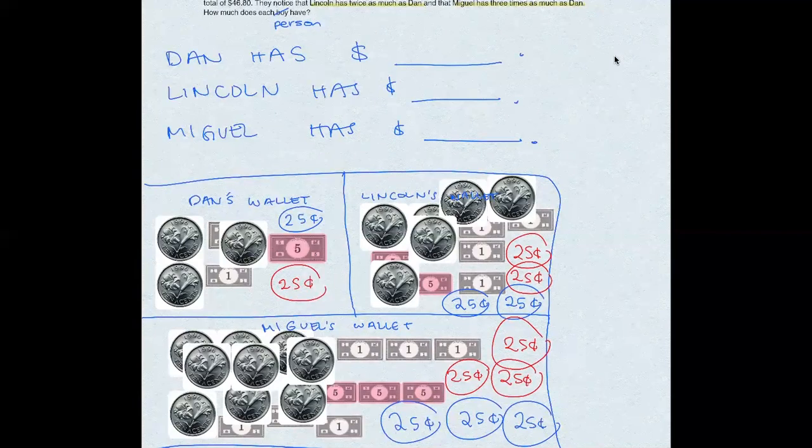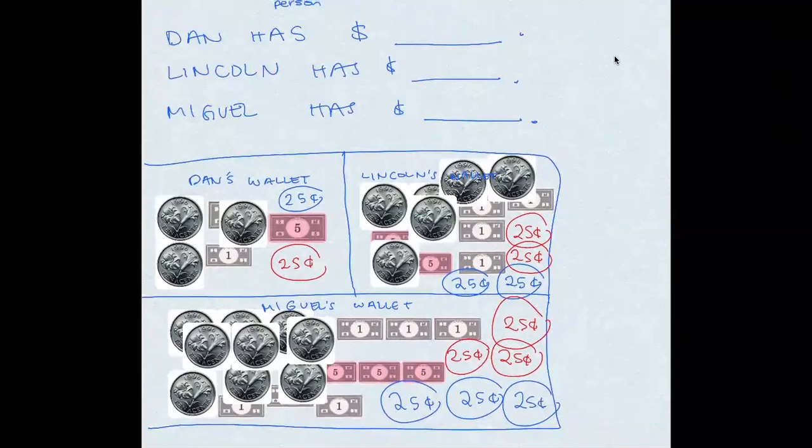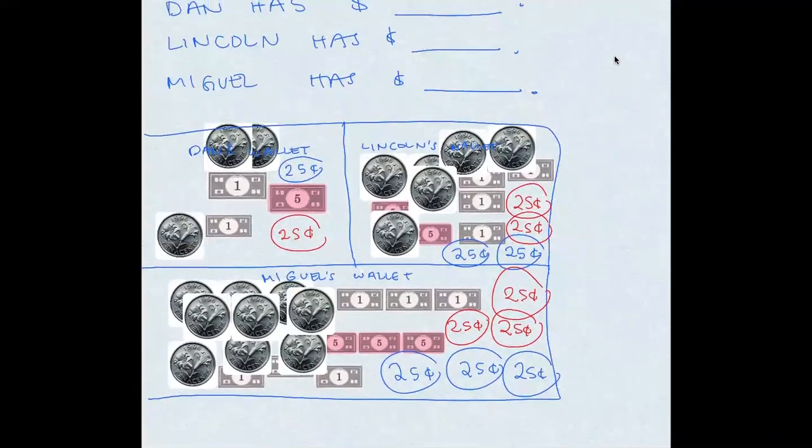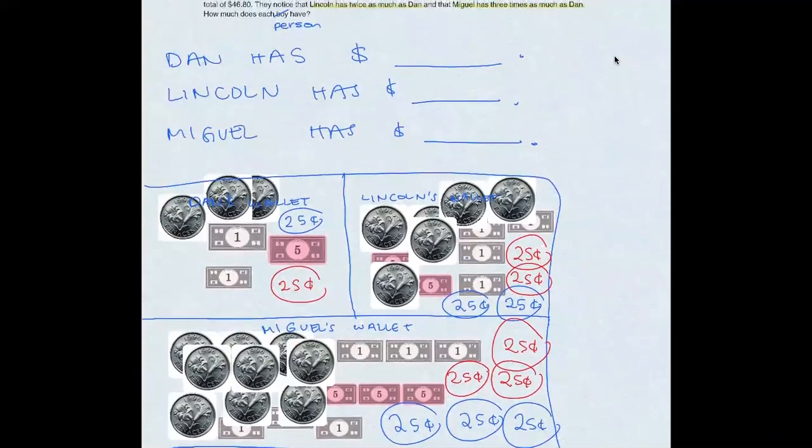I'm just going to take a look and see how much each person has. So I see that Dan has, I believe, $7 and then 50 cents and then 30 cents for 80 cents. I think he has $7.80.